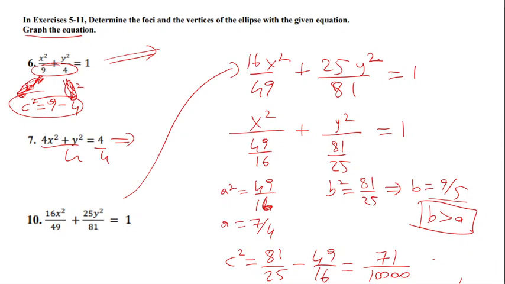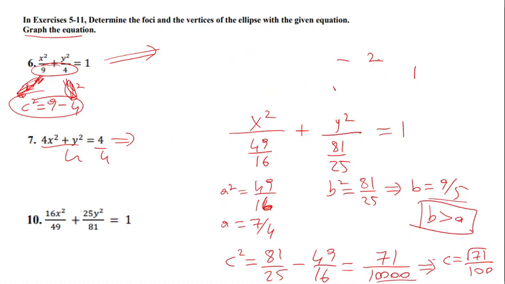So when you do this calculation, c will be square root of 71 divided by the square root of this thing, 400.